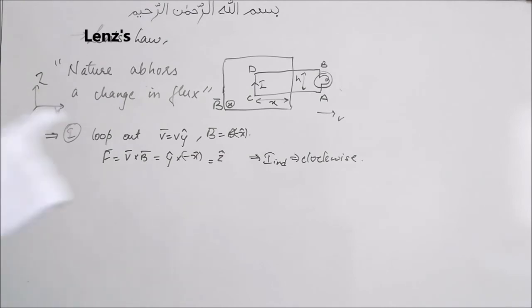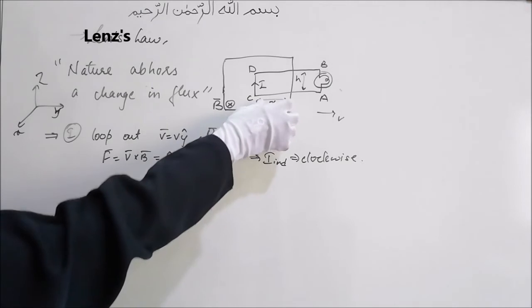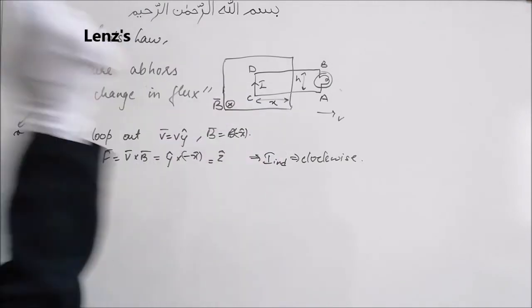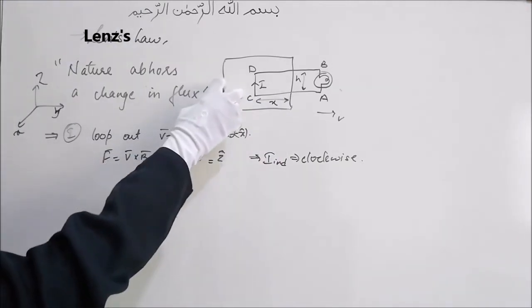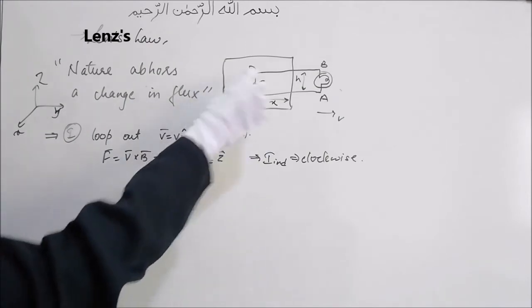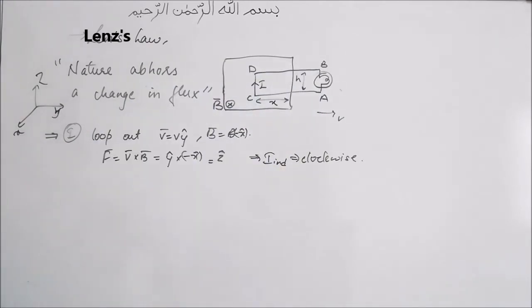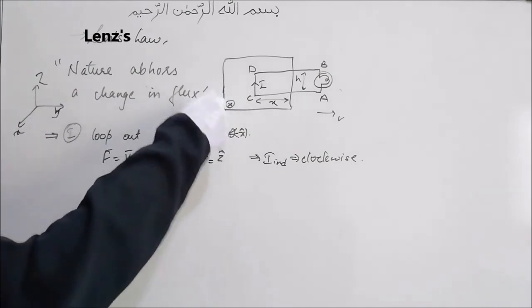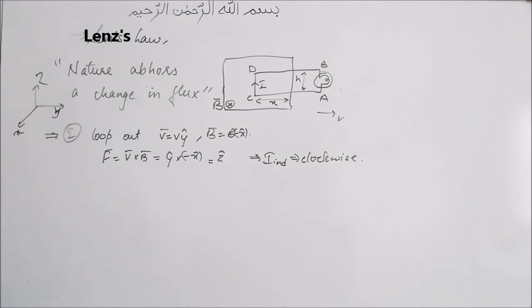Second way to consider this: if the loop is moving outwards, this x is decreasing, right? When this x is decreasing, the amount of magnetic field, that means the amount of flux which is linked with this loop, is decreasing. Since that is decreasing, the current will be induced in such a direction that it will try to increase this magnetic field. And the only way to increase a magnetic field is to produce a magnetic field in the same direction.